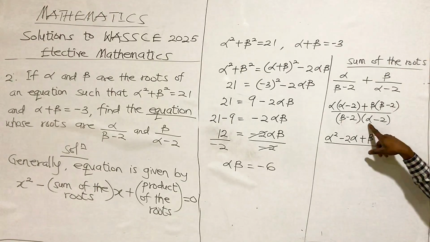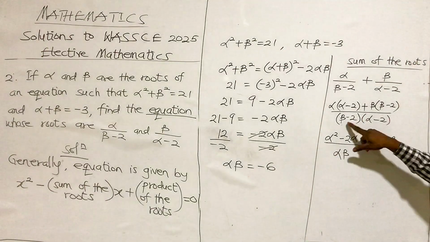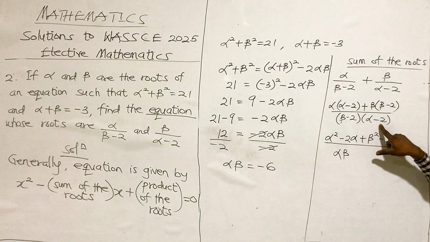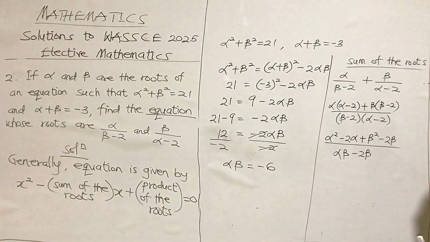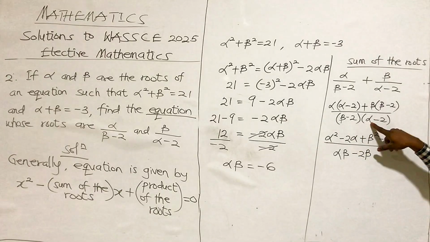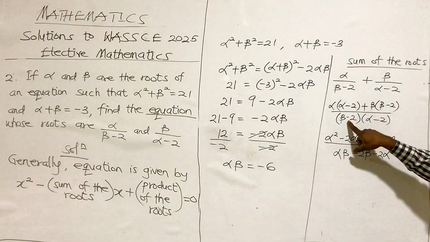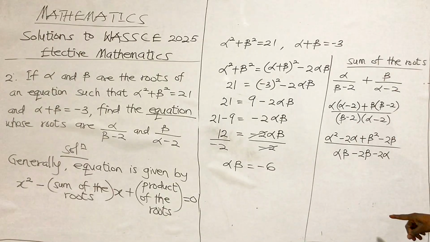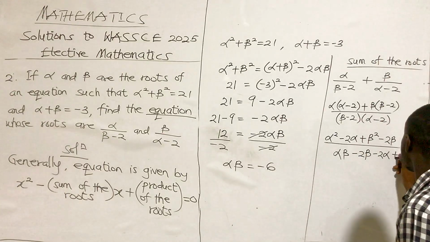Beta times alpha is alpha beta, beta times negative 2 is minus 2 beta, negative 2 times alpha is minus 2 alpha, then negative 2 times negative 2 is positive 4.